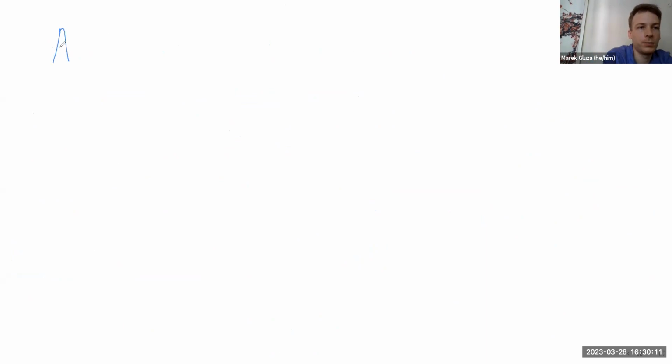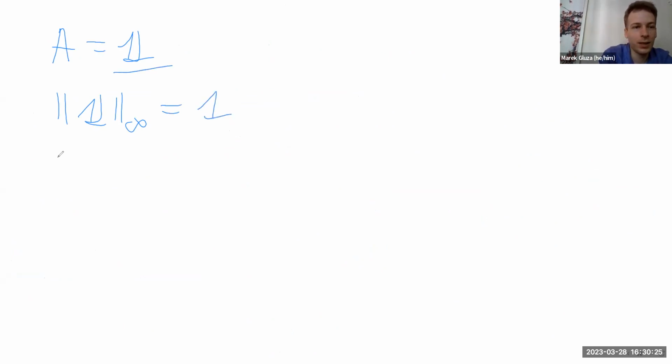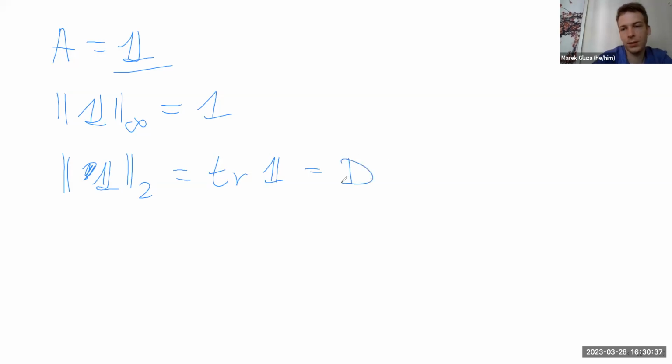If my operator A is the identity, then this norm labeled by infinity is just the largest eigenvalue, but this is already diagonal. All its eigenvalues are 1. If I look at the two norm, not two norm of 2, but two norm of this, then this is the trace of identity squared, which is the dimension of my Hilbert space, which will be 2 to the power L, the number of qubits in the system.